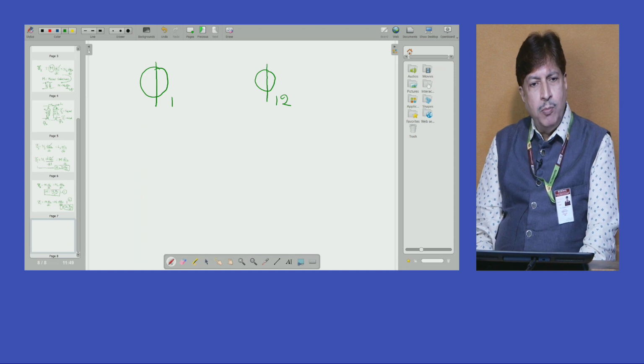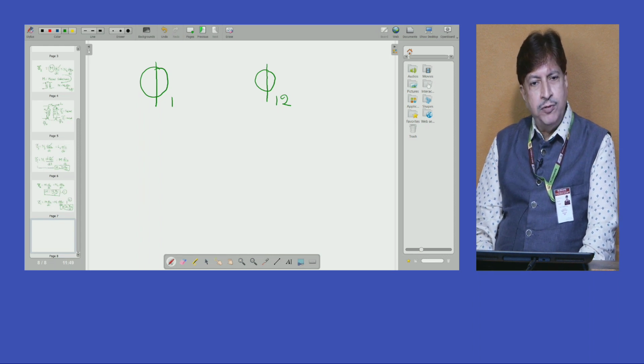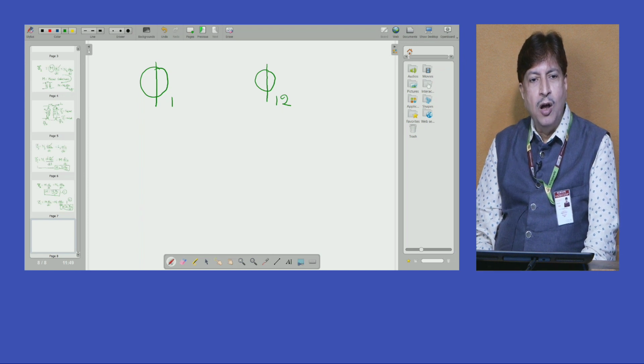What is meant by a part of the flux? For example, 100 milliwebers is the flux phi 1. A part of this means 60%, 30%, 40%, like this. That means always that part of the flux is less than 1.